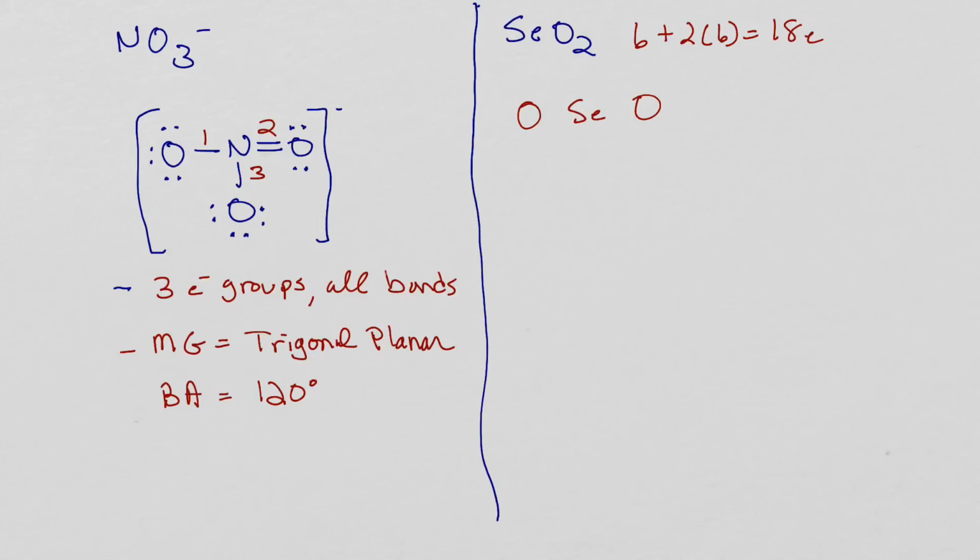Remember, the first thing we do is we put in our bonds. So that used up 4 of my 18, leaving 14 remaining. So if I look at my oxygens, turns out the oxygens still need 6 more. It has 2. We need 6 more here. So we can put those in.